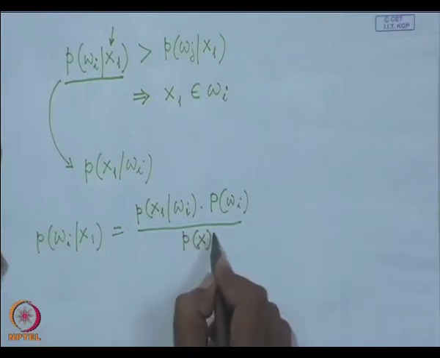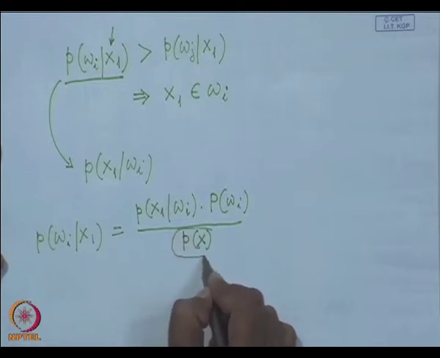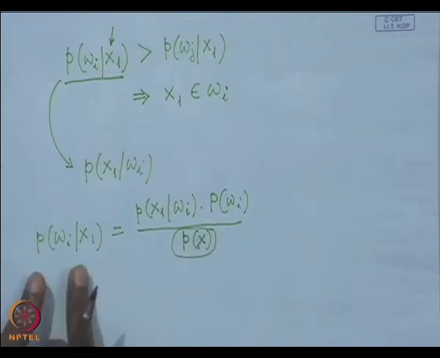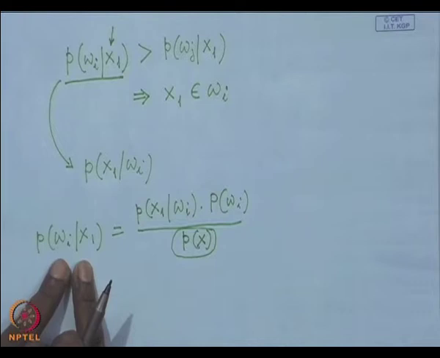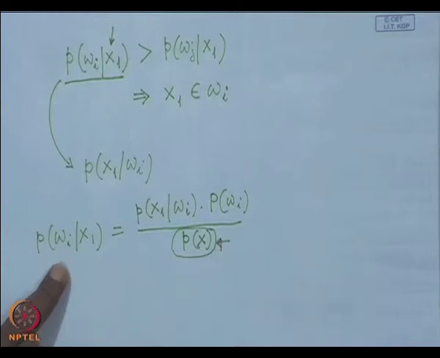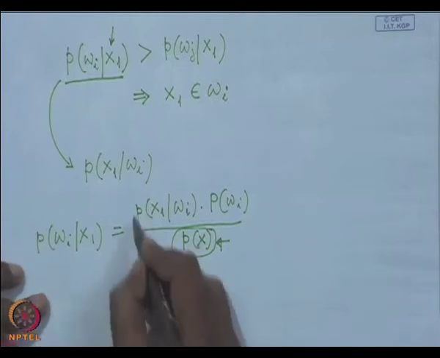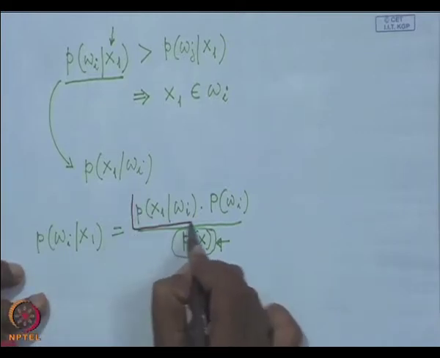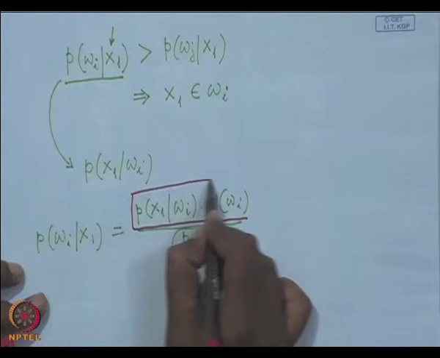And as we said, P of x appears in the denominator of all such expressions for different values of I or for different classes omega I. So, this P of x does not contribute anything to our decision, because it is the same for all the classes. So, what I really have to compute is P of x 1 given omega I into P of omega I.